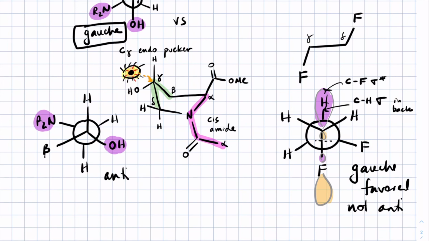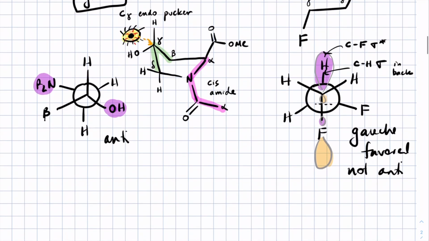Yep. So we've said, due to fluorine's electronegativity, carbon-hydrogen sigma is a better hyperconjugative donor than a carbon-fluorine sigma.